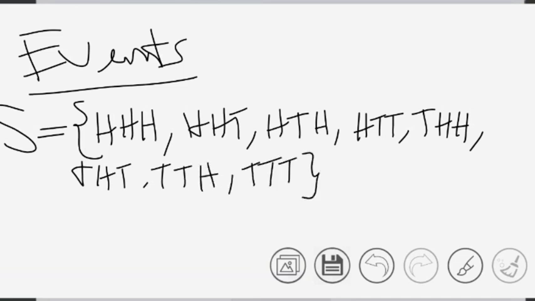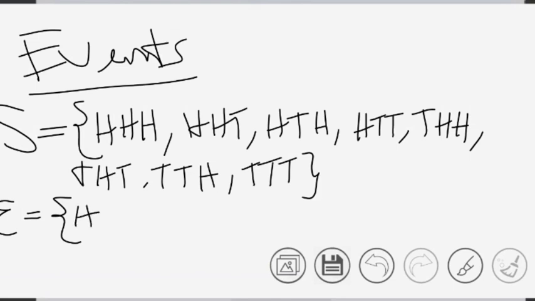Then a scenario can come up where you are expected to specify an event where we just have two heads showing up, and that will be an event, extracted from my sample space. So I will pick out sample points that have two heads.